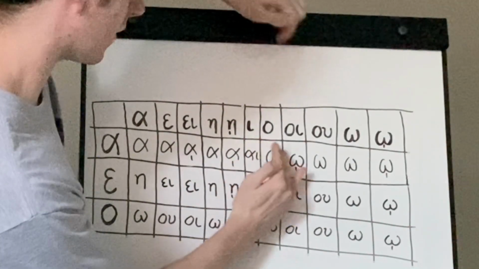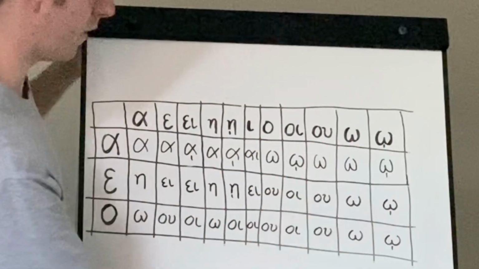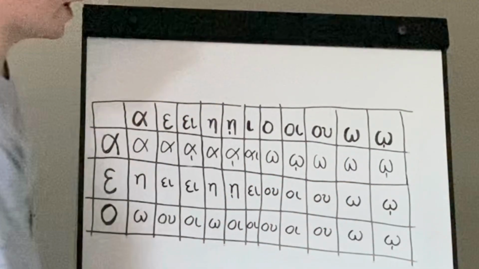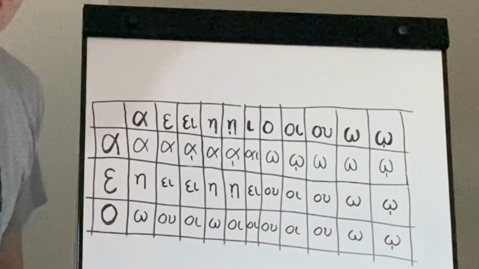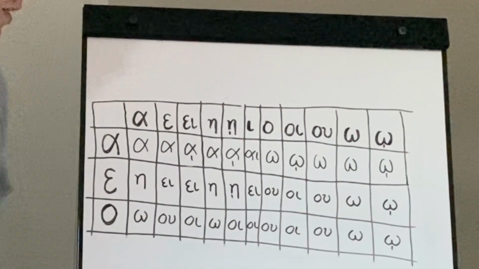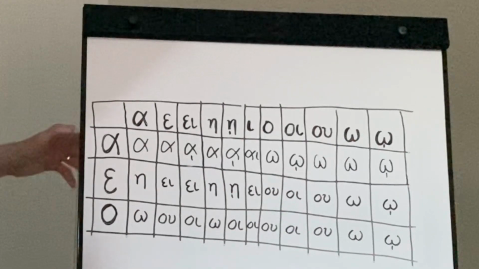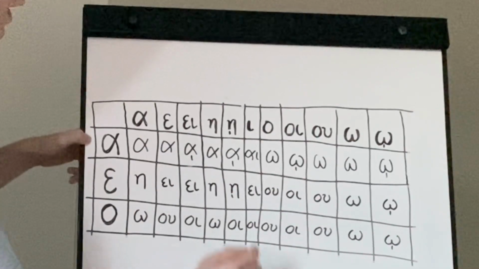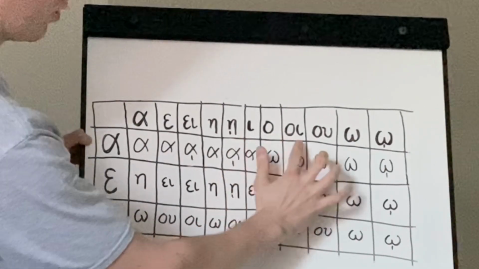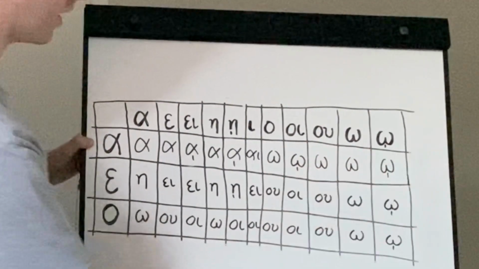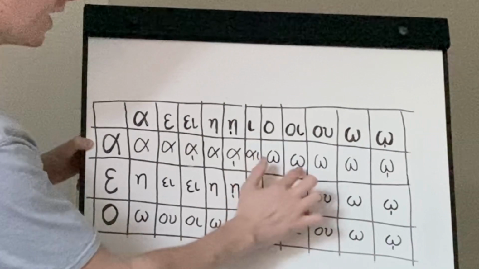Now, if we look at the last 5 in the alpha row, you can see they're either all omega or they're omega with iota subscript. And this is because a similar rule applies to the one we found in the first 5 contractions. Here, when alpha meets a vowel or diphthong involving an O sound, whether it's omicron or omega, the resulting vowel is omega.